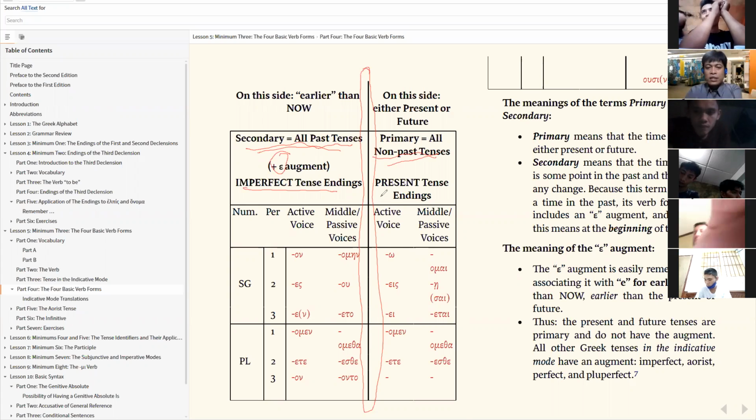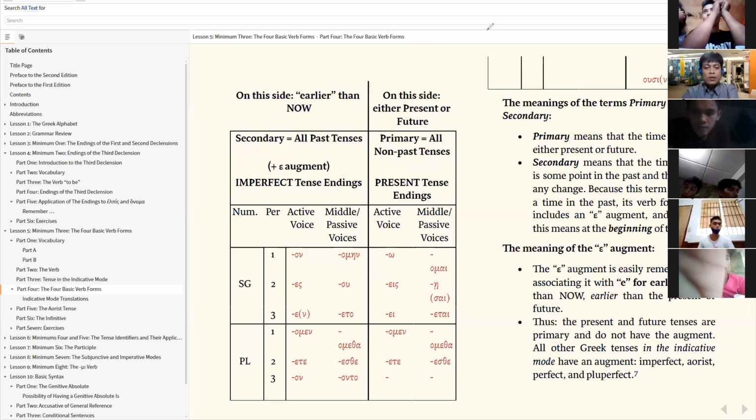For the present tense ending, it does not have any augments. So for the active voice imperfect, you have on, s, n, a or n.